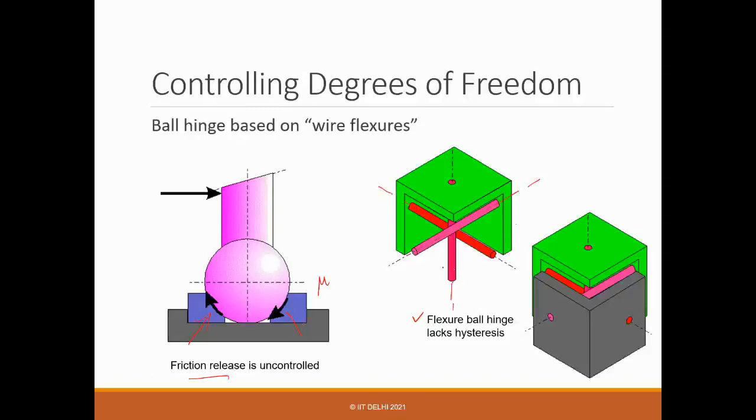So the wire flexure, yes, here the problem will be they will not be intersecting because, okay, if they intersect, then they all have to be welded, and then it may not work the way you designed it. So okay, there will be offset, but it's still, I think, deterministic and you can find it.